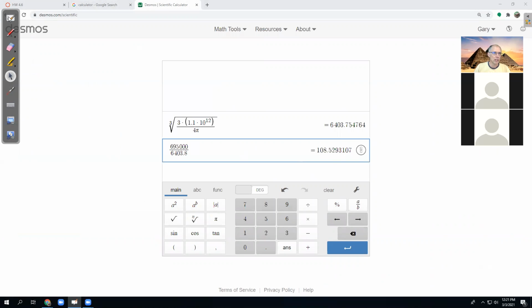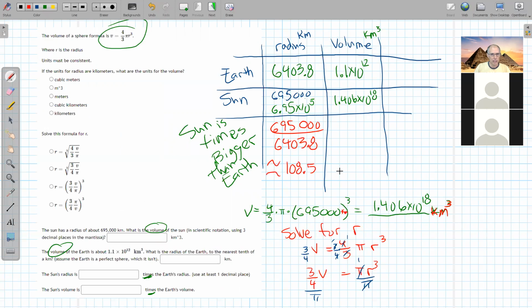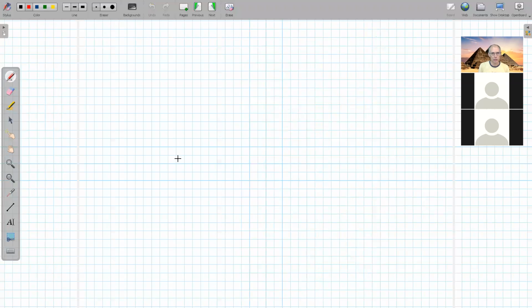All right. And then similar thing, we want to do that for the volume comparison. So just a picture of what we're comparing here is, let's say here's the Earth right here. Let's make the Earth blue. And let's say here's the sun over here. And these are not to scale.